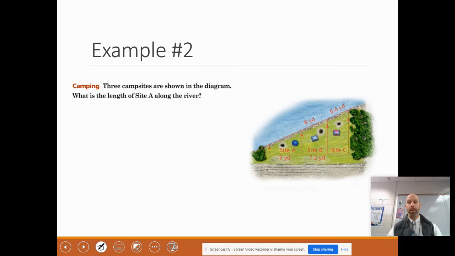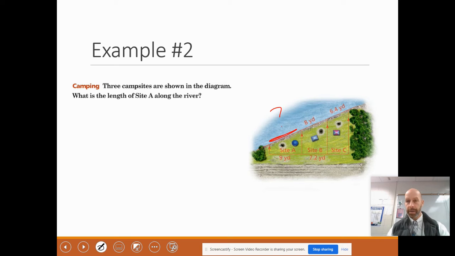Again, let's just go ahead and look at an example of this. It says 3 campsites are shown in the diagram. What is the length of the side A along the river? So in other words, we're trying to find this length right here. What's that length? So what we're going to need to do is set up a proportion.